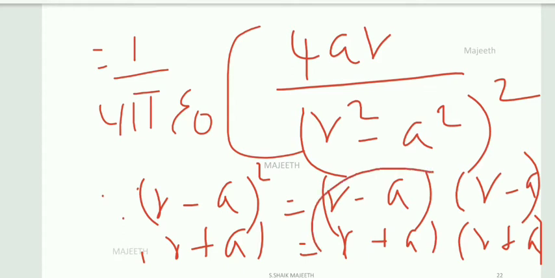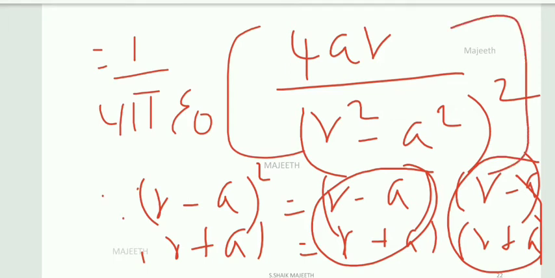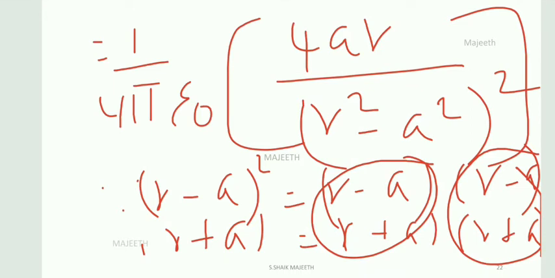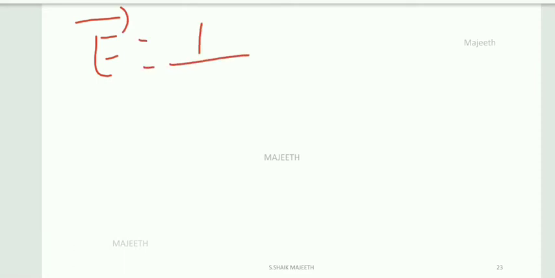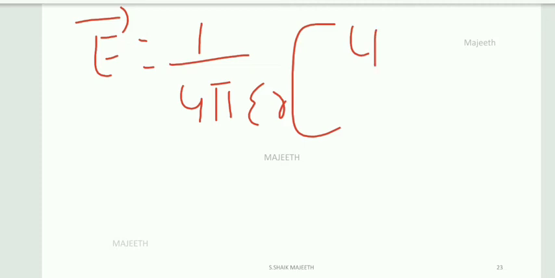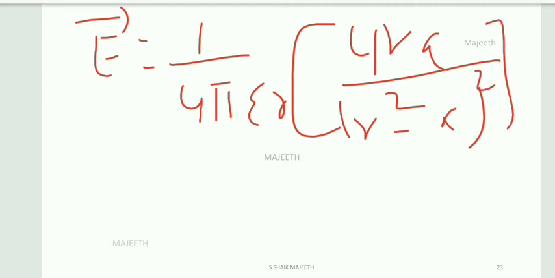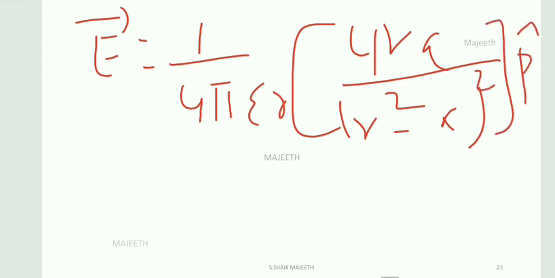So this will create 1 R squared minus A squared, this also will create 1 R squared minus A squared. So that's why we are writing like this. So we got this. So what is the electric field? Total electric field E total is equal to 1 by 4 pi epsilon naught into 4RA divided by R squared minus A squared whole squared P vector.